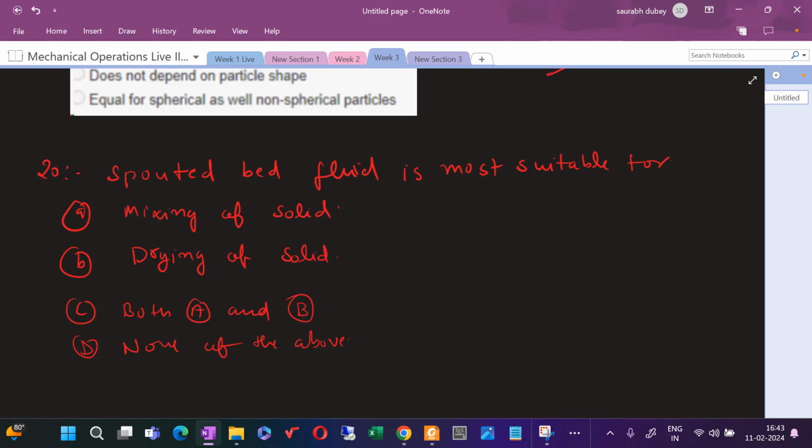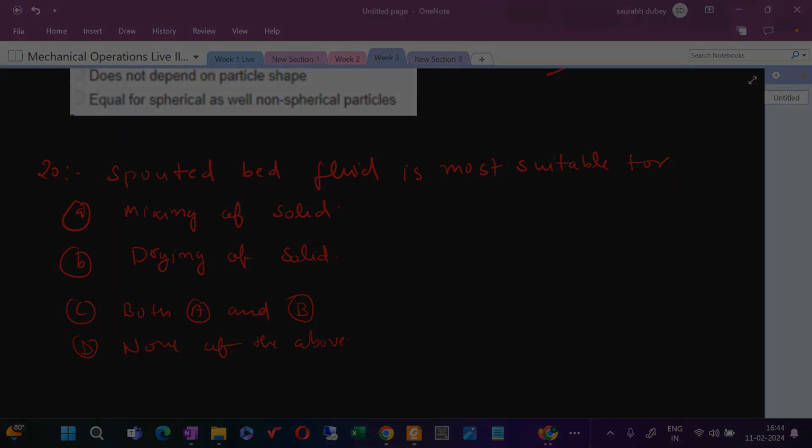As we have discussed, powder falling in group D behaves as a spouted bed. In the spouted bed, one channel forms in the middle of the entire bed, and that makes it unique.